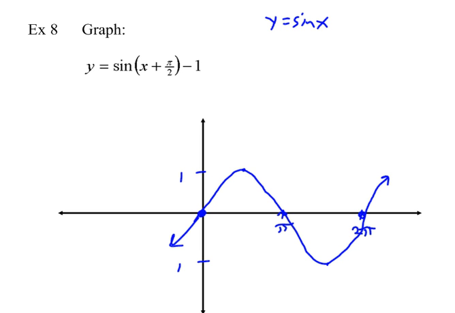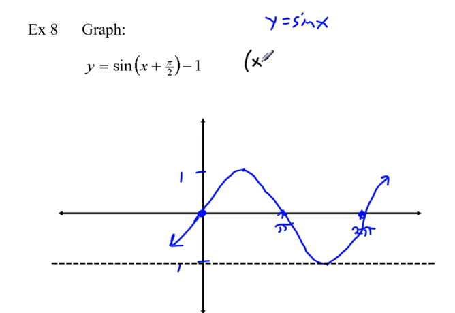Okay, now we've got a few different transformations happening. First of all, this negative 1 is going to give us a new axis, a new x-axis down 1 unit. So our graph is going to go up and down around this new axis. Second of all, this plus pi over 2 is going to change our starting and ending points.